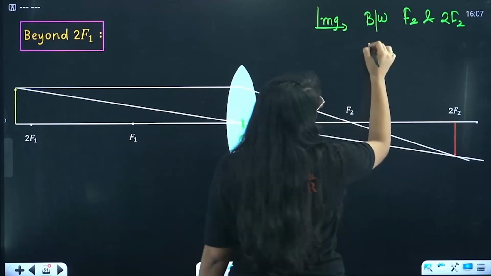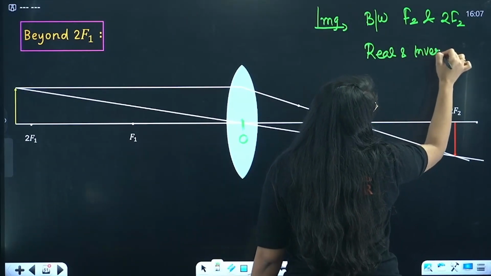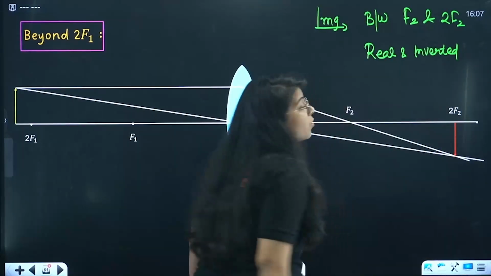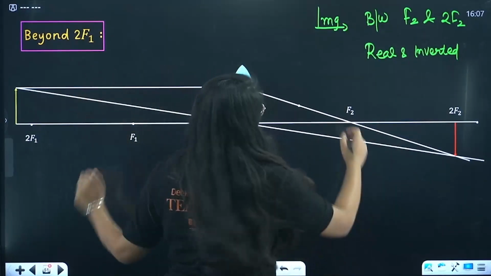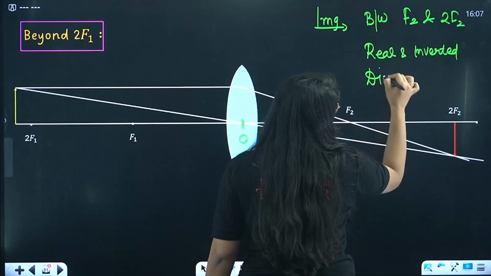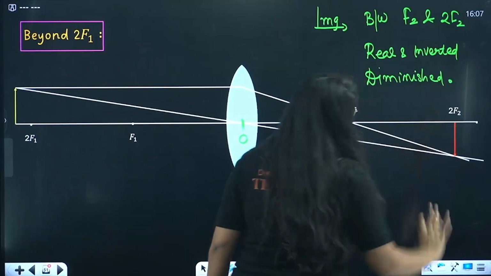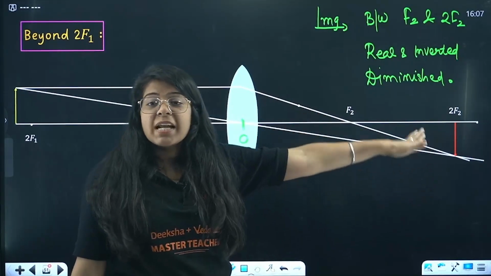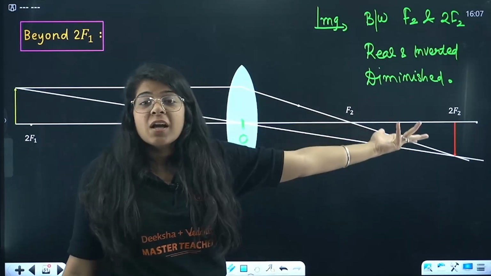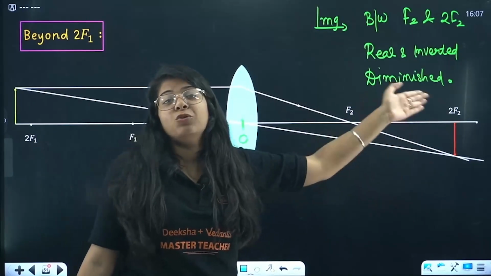Real rays are meeting, so it will be real and inverted. And similar to there, the image was a little bit smaller, so here also the image is smaller, so the image, beta, will be diminished. Exactly similar to concave mirror, just it is forming on the different side, and instead of C we are using 2F, and instead of simply F we are using F2 and 2F2.